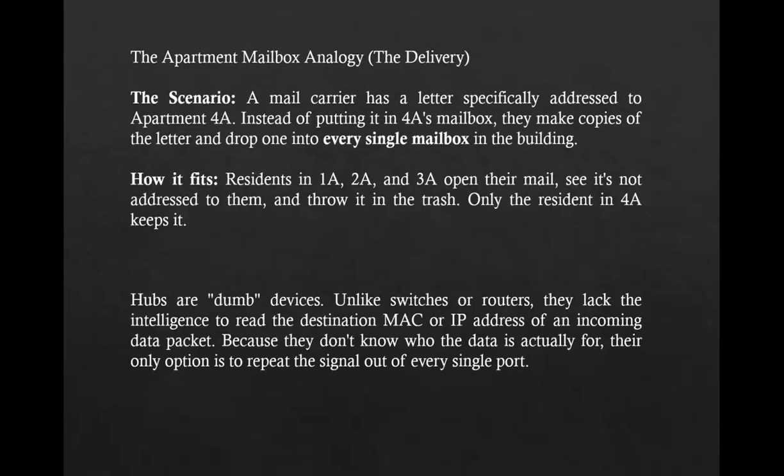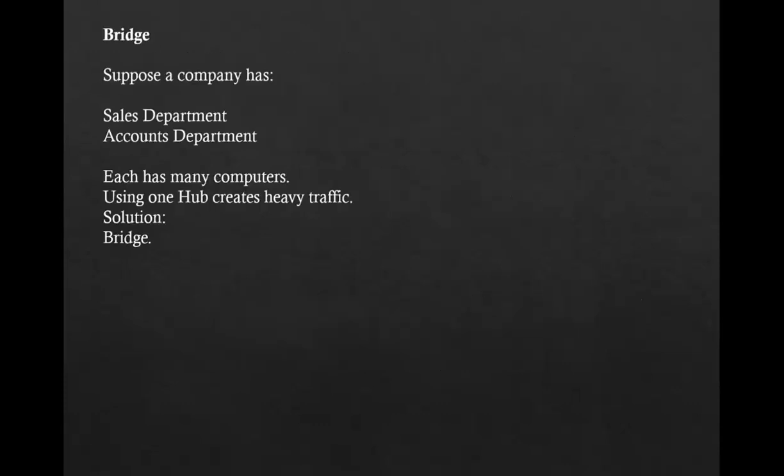Because of this nature, we call the hub an unintelligent device or a dumb device. Unlike modern switches or routers, hubs lack the intelligence to read the MAC address or the IP address of the incoming packet because they don't know who the data is actually for. They simply broadcast.